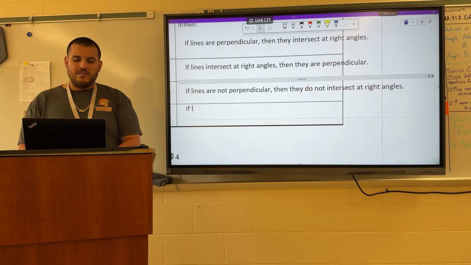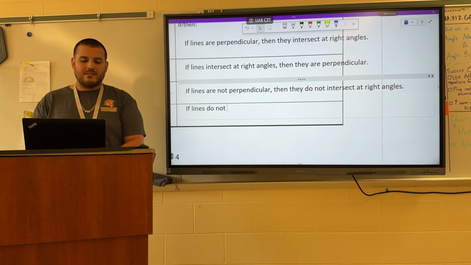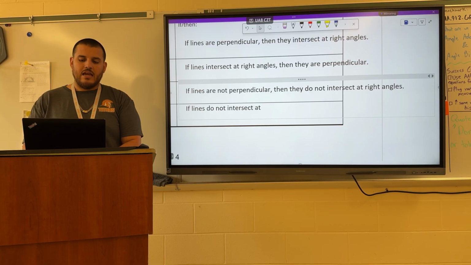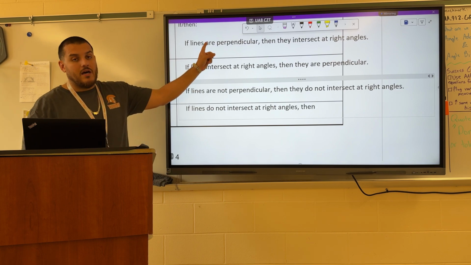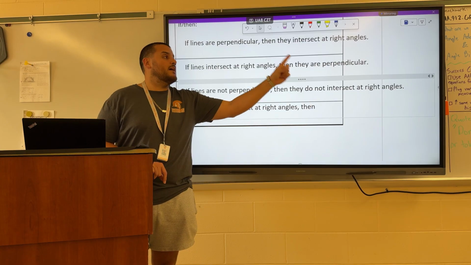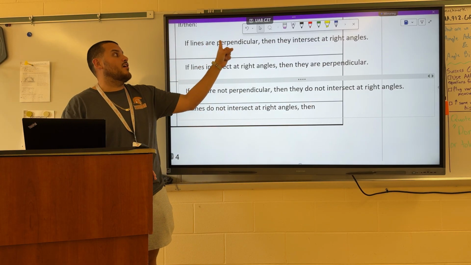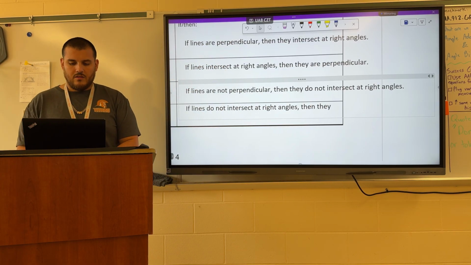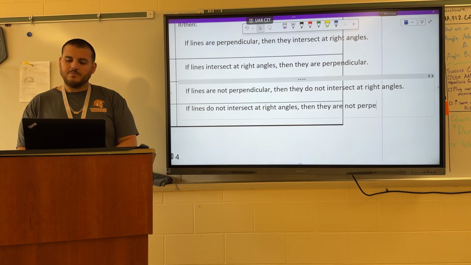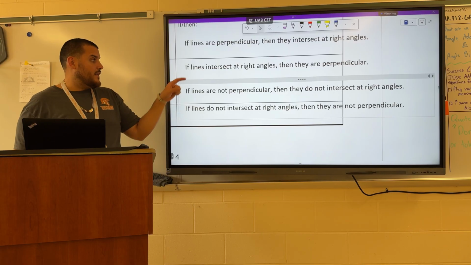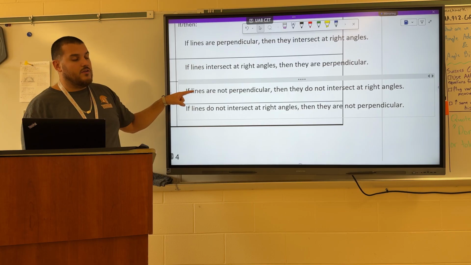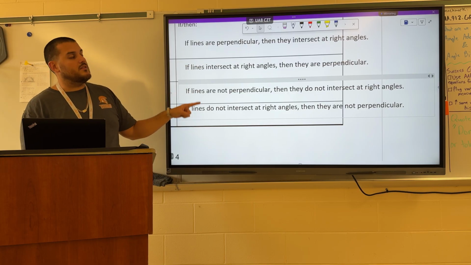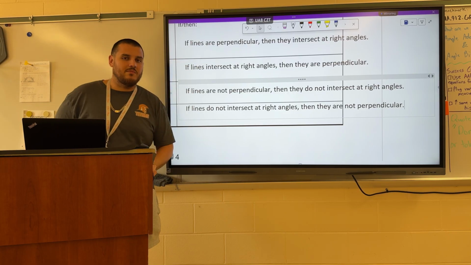So we would say, if lines do not intersect at right angles, then, again, our hypothesis is exchanging to the end, and we're going to negate it. So then they are not perpendicular. So yeah, that's converse, inverse, contrapositive, all from our original conditional statement.